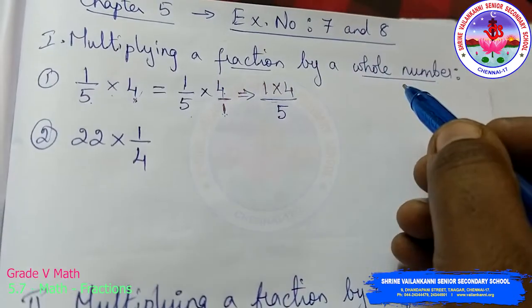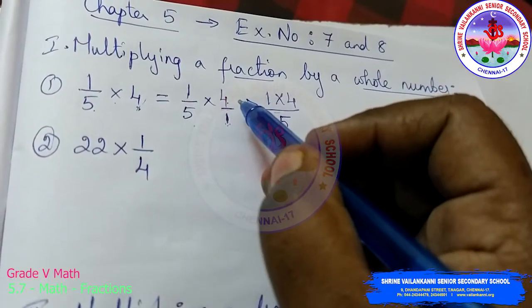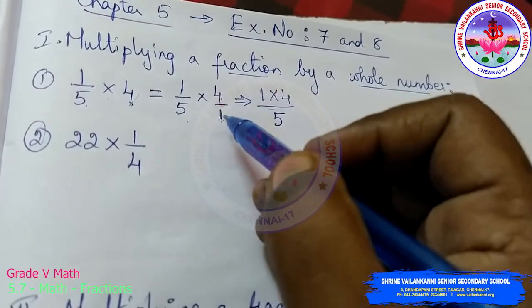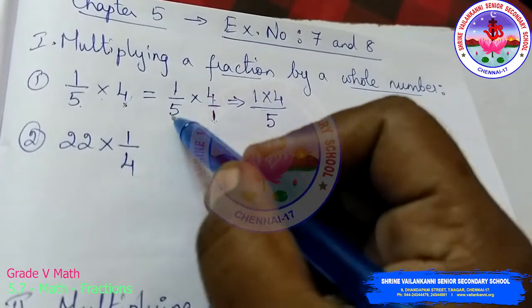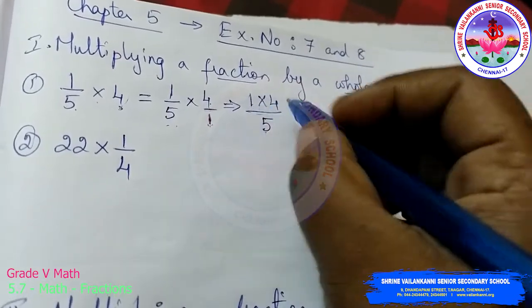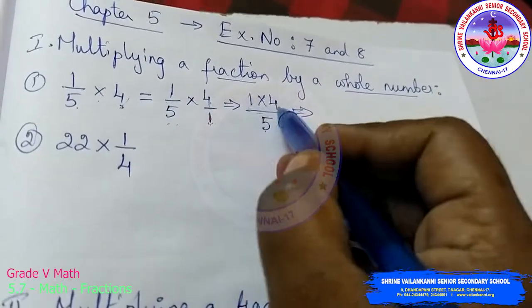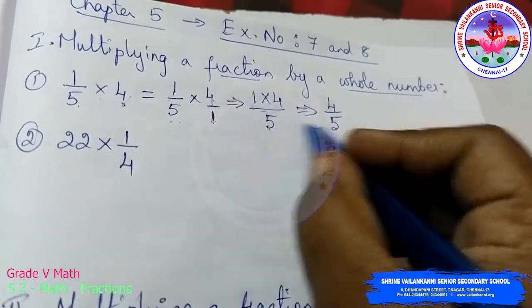So you should not consider it as 0. All whole numbers have a denominator of 1. So 5 into 1 is 5. When you multiply numerator and numerator, 1 into 4, you get 4 by 5.